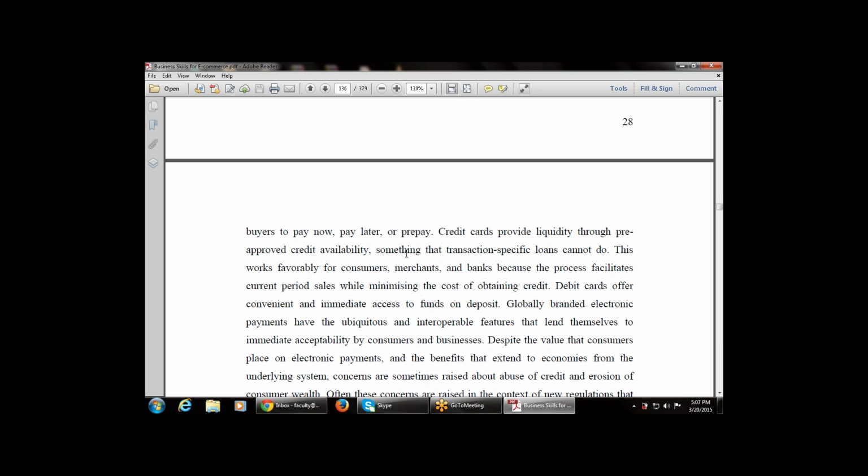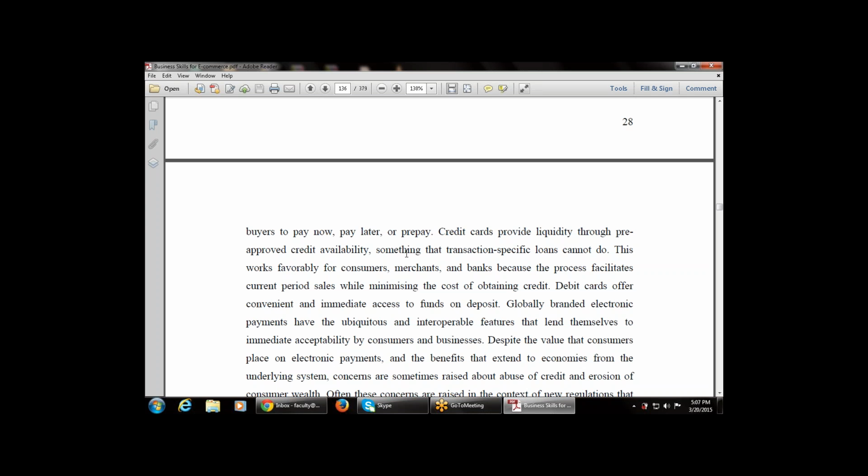Credit cards also provide liquidity through pre-approved credit availability, something that transaction-specific loans cannot do. This works favorably for consumers, merchants, and banks because the process facilitates current period sales while minimizing the cost of obtaining credit.